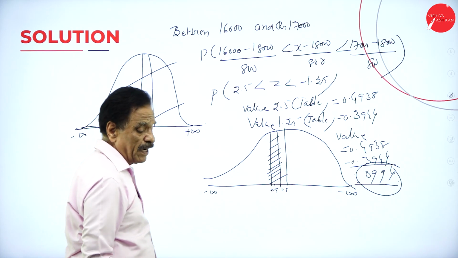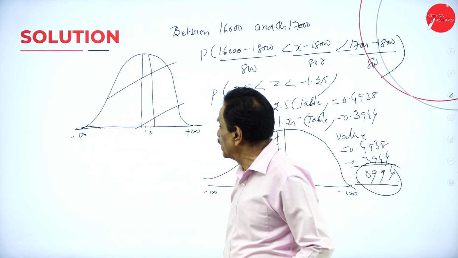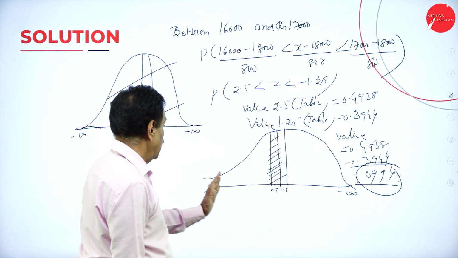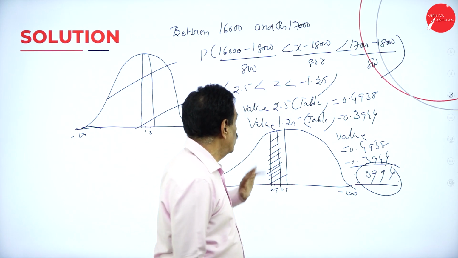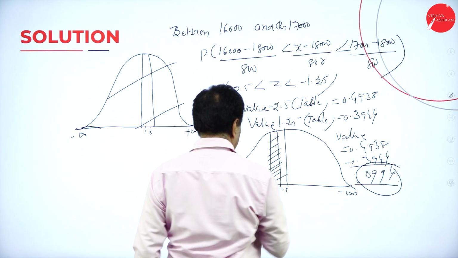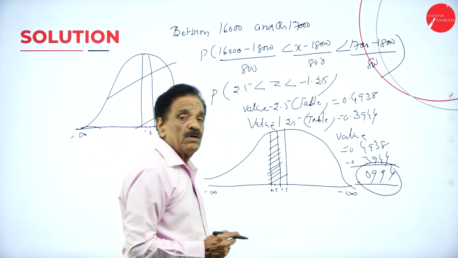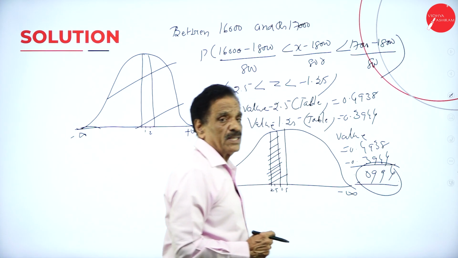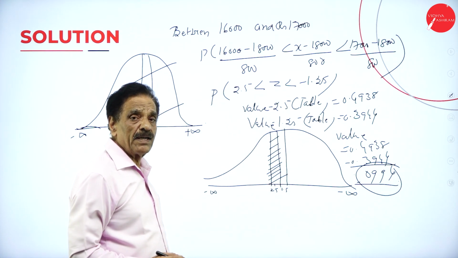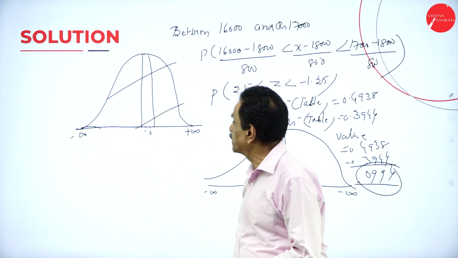If the number of employees is given, then you have to multiply by it. So here you must be very careful. Both are negative, minus 2.5 and minus 1.5. Find out the values and make the mark. From the highest value, deduct the lowest value. This is the answer. We have not multiplied. Hope you understand.